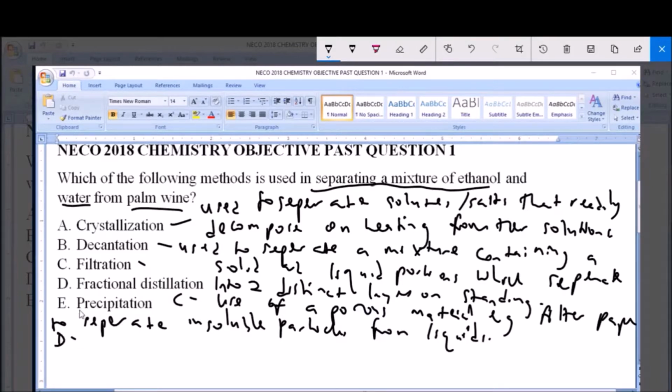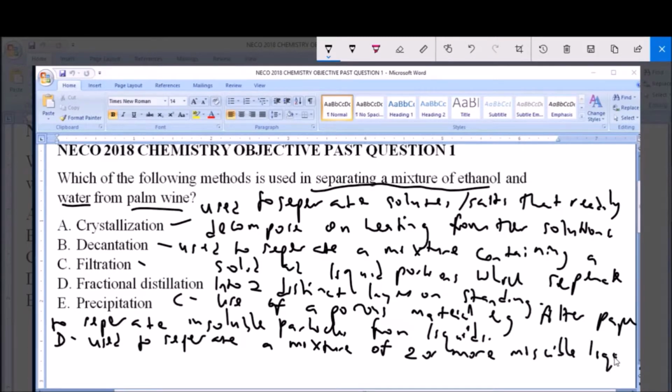Option D, fractional distillation, is used to separate a mixture of two or more miscible liquids, that is, liquids that mix.